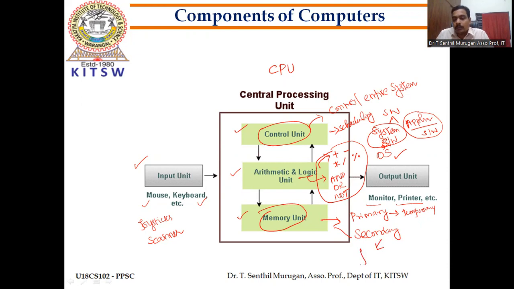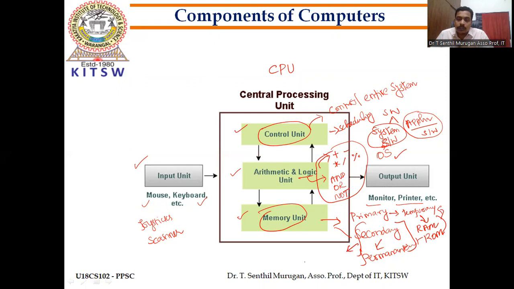Secondary memory is permanent storage, and it is portable, while primary storage is not portable. Examples of primary memory: RAM, random access memory; ROM, read only memory. These are considered primary storages.